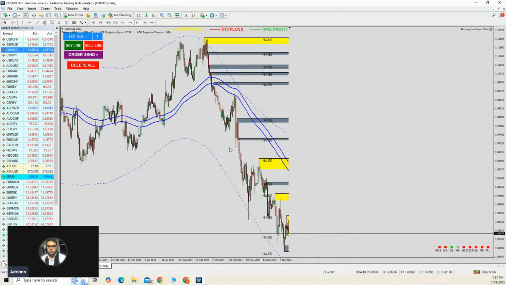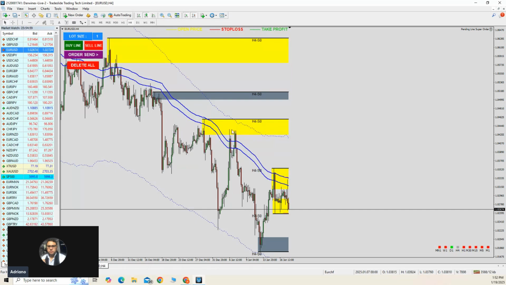So USD, the market went up and then dropped, came back up, tested the H4 zone, and then it dropped. If I move to the 4 hour, you see the zone here. Market dropped, came up, came inside of the zone, and dropped again.